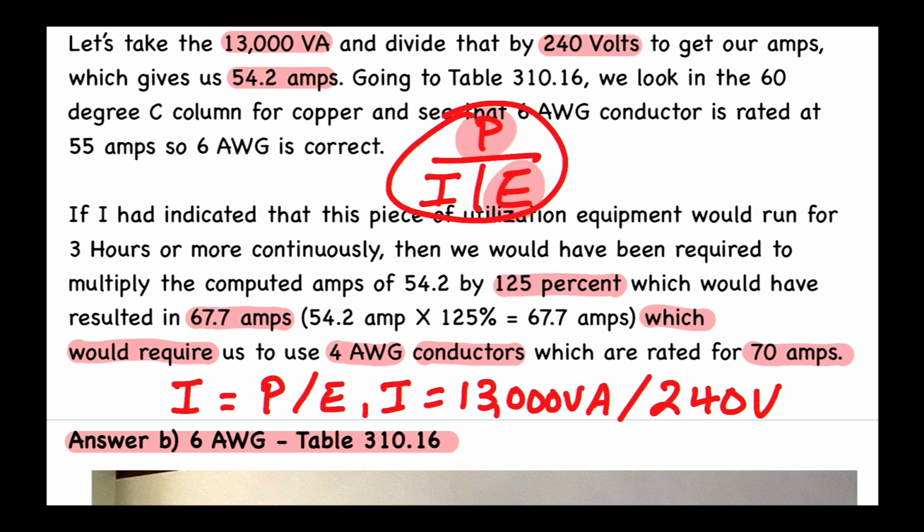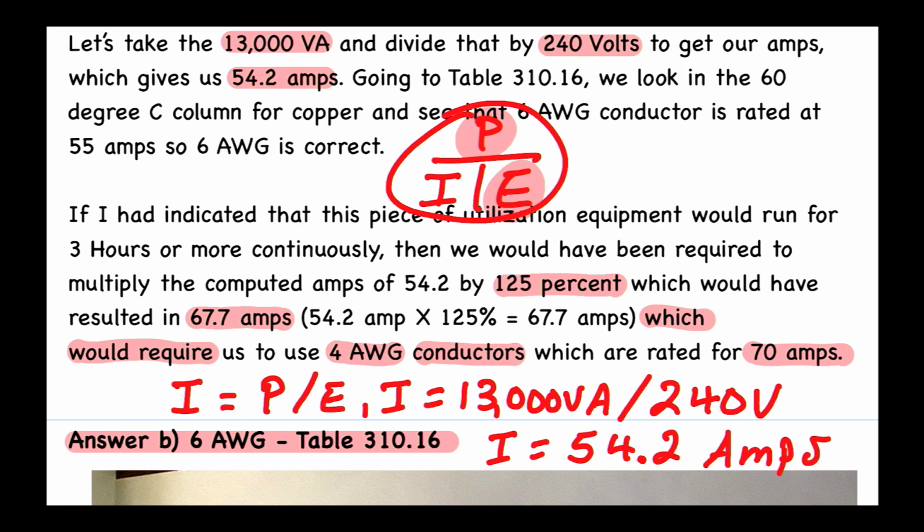I'm going to open up my calculator and do this math with you, just to make sure we're getting the right numbers. We take 13,000 VA and divide that by 240, and I, for amps, is equal to 54.2 amps. That's how we got that formula.